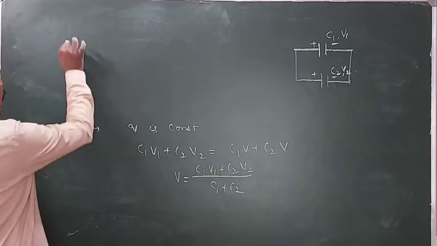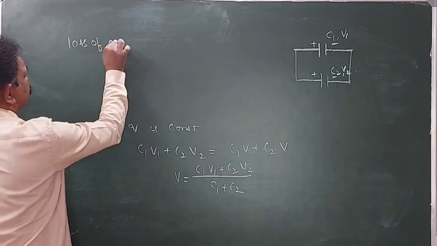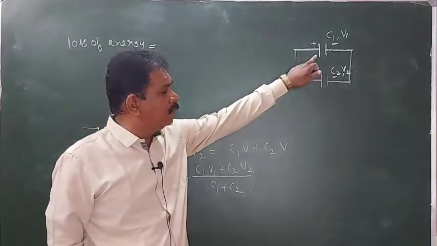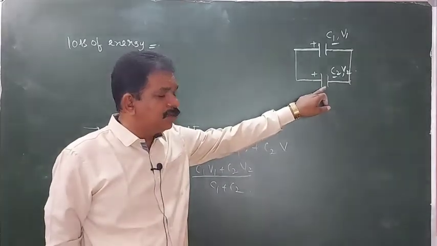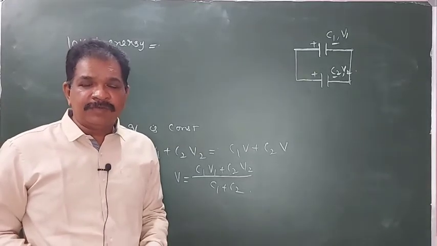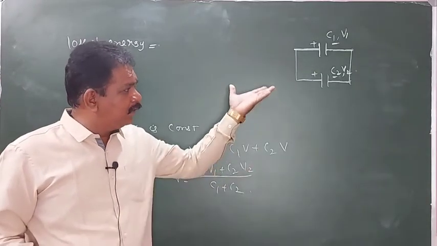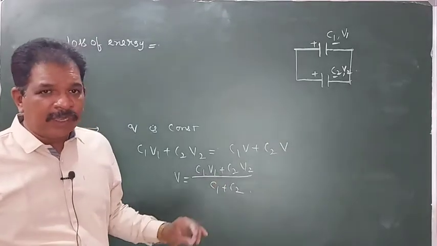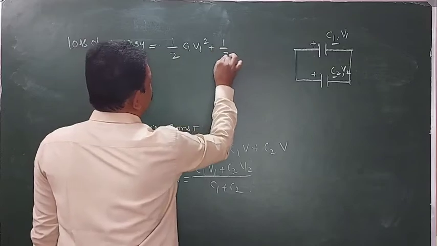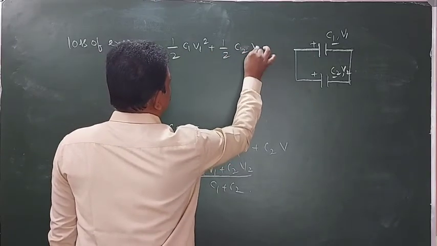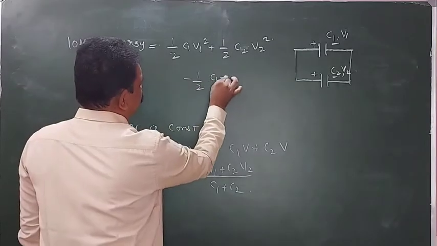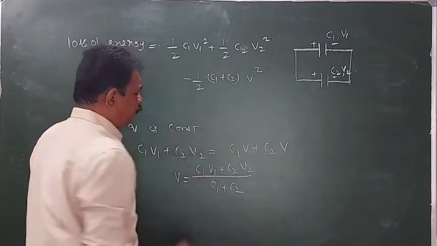So loss of energy, this formula you remember: its energy will be 1 by 2 C1 V1 square, and its energy will be 1 by 2 C2 V2 square. When charging, some energy will be wasted. So finally, by substituting the final potential, if we calculate, 1 by 2 C1 V1 square plus 1 by 2 C2 V2 square, this is the initial energy, minus 1 by 2 C1 plus C2 into V square.